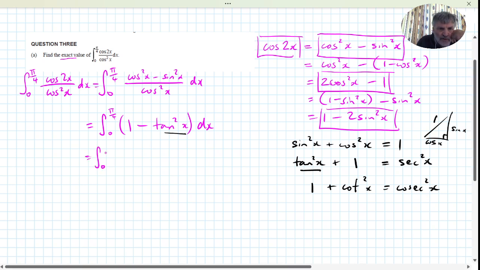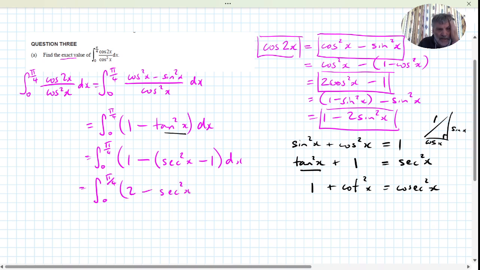We've got the integral from 0 to pi over 4 of 1 minus, and tan squared we said was secant squared minus 1. So secant squared x minus 1 dx, that's 1 minus minus, so it's 2 minus sec squared x.